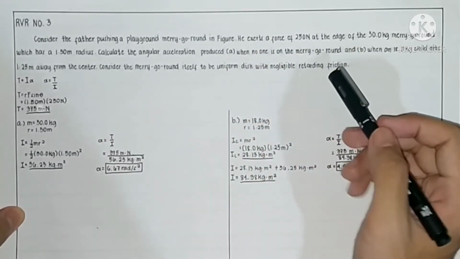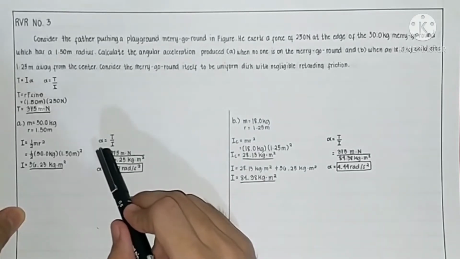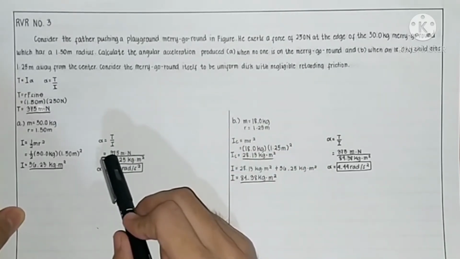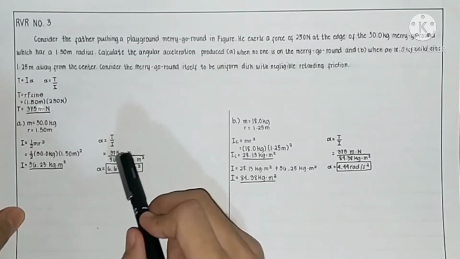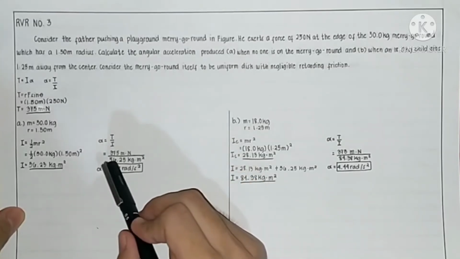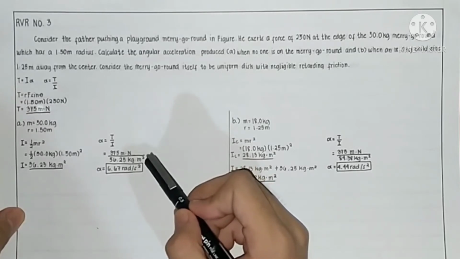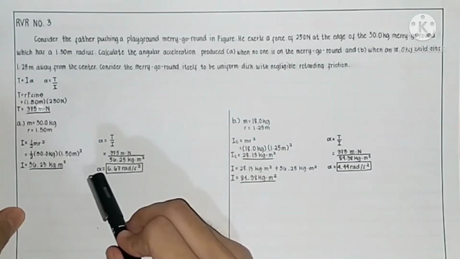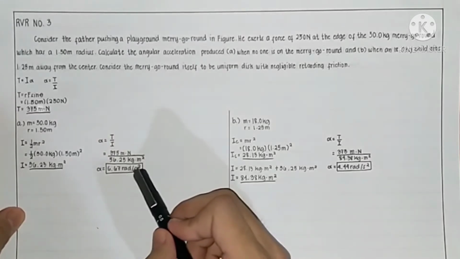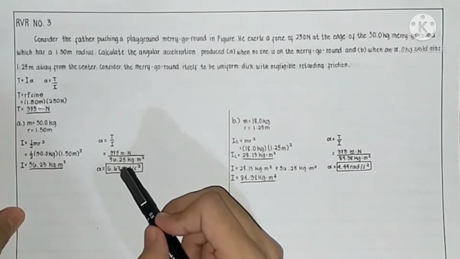So para makuha yung angular acceleration, I use the formula of alpha is equal to torque over inertia, which equals the value of torque, which is 375 meter times Newton, divided by the inertia, which is 56.25 kilogram times meter squared, which results to the value of the angular acceleration, which is equal to 6.67 rad per second squared. So this is our final answer for problem letter A.